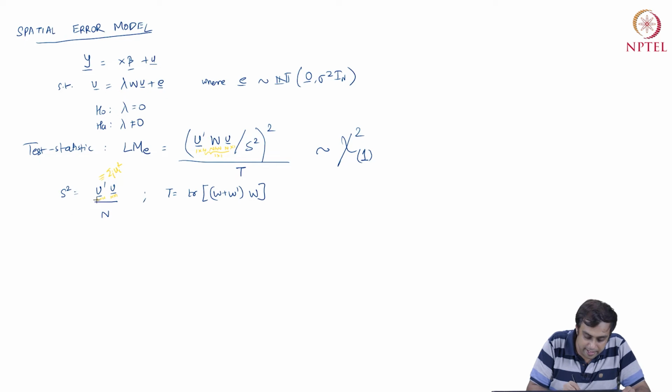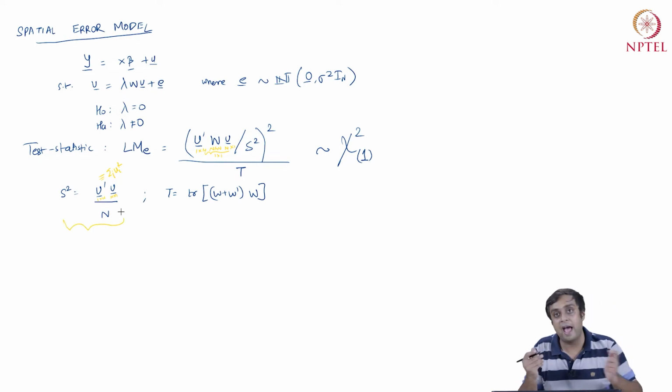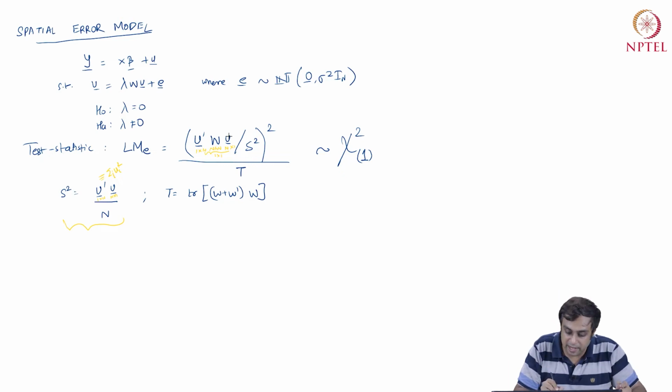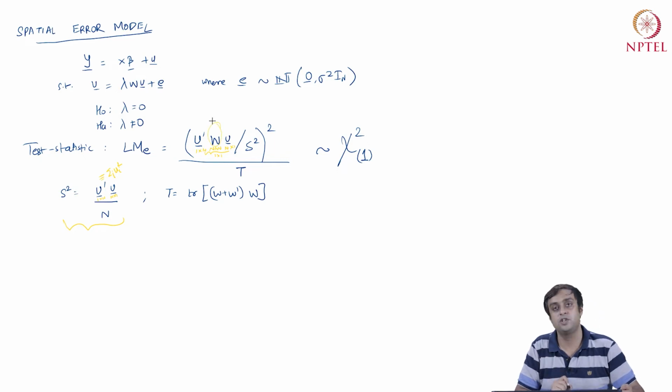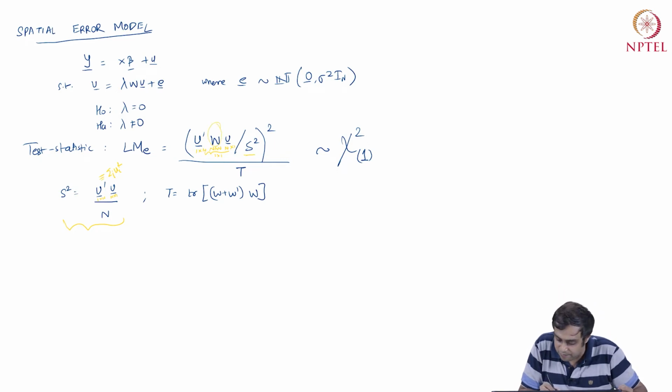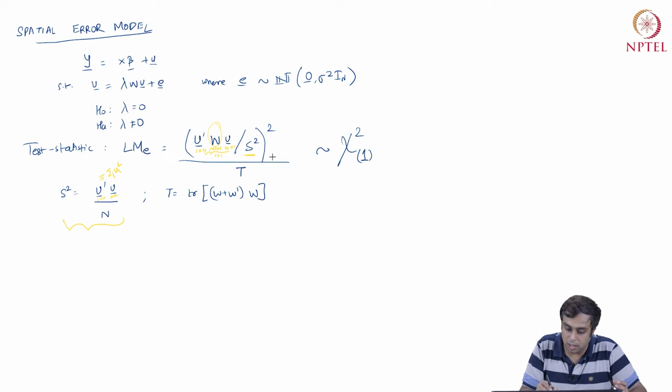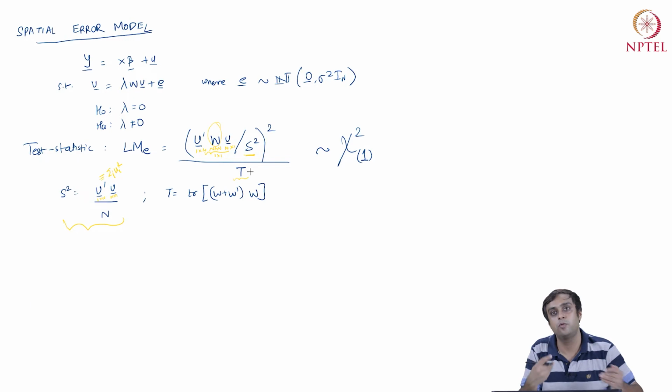But this sample variance, s squared, is as if there are no spatial weights. So the numerator here is looking at the sample variance modification when we have spatial weights versus when we do not have spatial weights. The square of this numerator is then normalized by this factor T. You can think of it as a normalizing coefficient, and this is a function of the weights matrix.